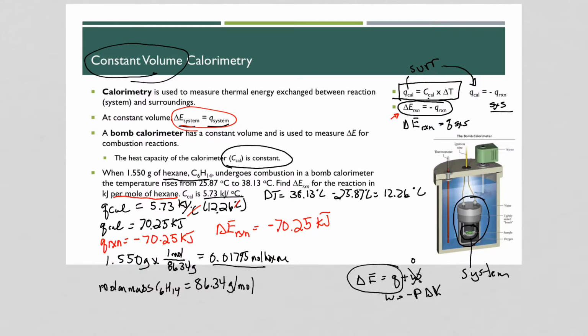So now I can come up here to my value. And so I have kilojoules per mole. Okay. So divided by 0.01795 moles of hexane.